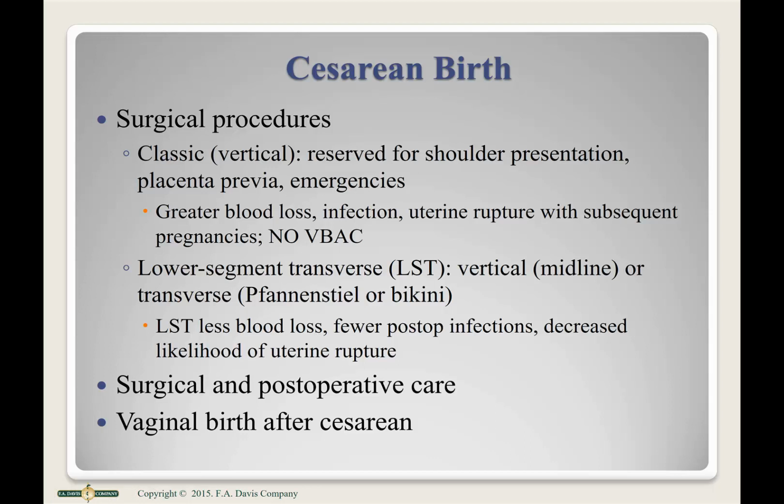There's fewer dehiscence and evisceration problems, and decreased likelihood of uterine rupture, because the incision is so low on the uterus and contractions start so high on the uterus that women do have the opportunity to try a vaginal birth after this cesarean section. However, if they have the classic, they have no opportunity to try a vaginal birth after cesarean section.